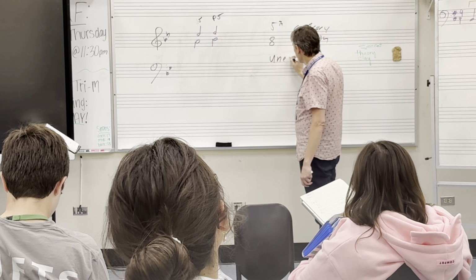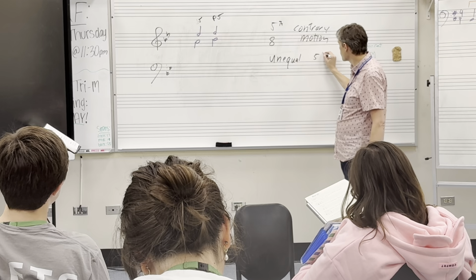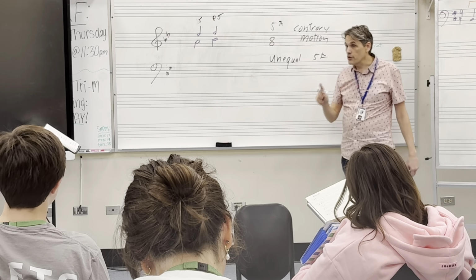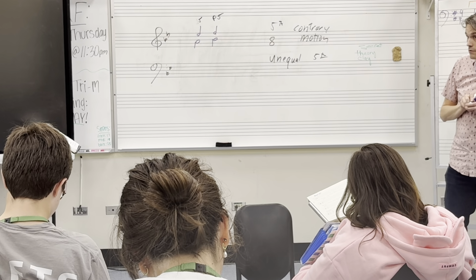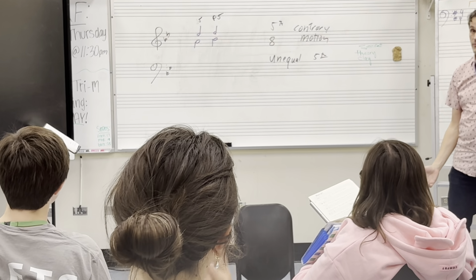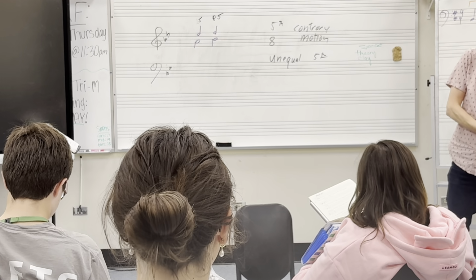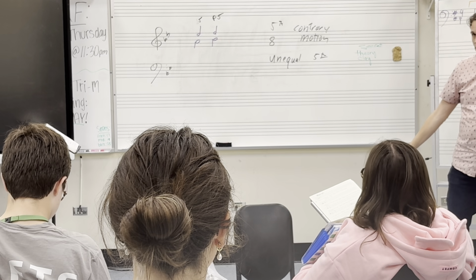Unequal fifths. Not allowed. So we just don't like fifths now? Correct. But here's the thing. Theorists like to be specific. They don't want you saying, hey, I'm getting away with something, because this is a diminished fifth, therefore it's okay. No, it's not.